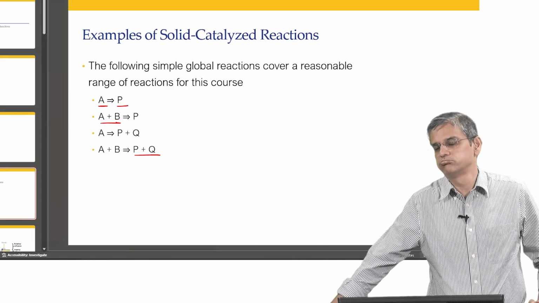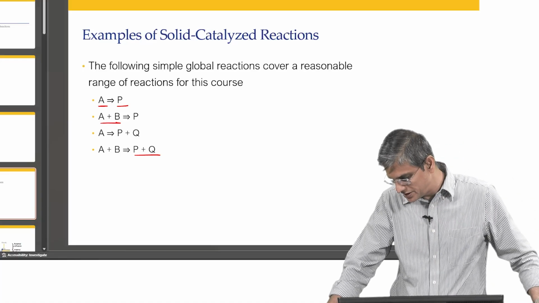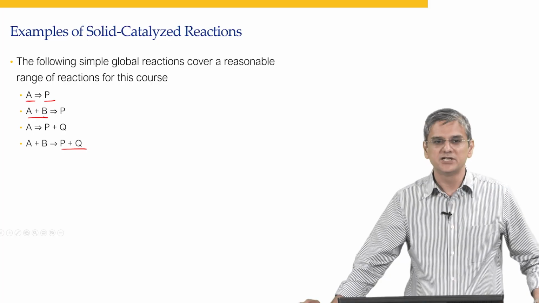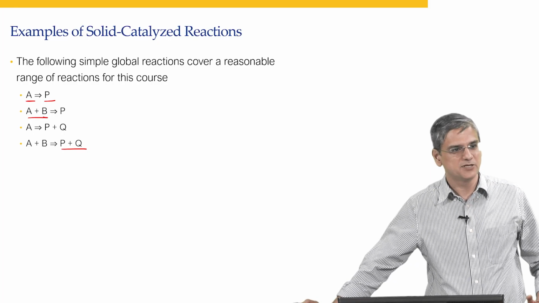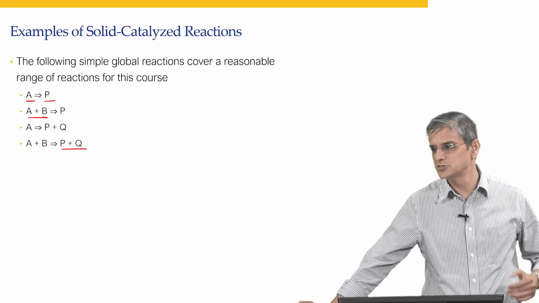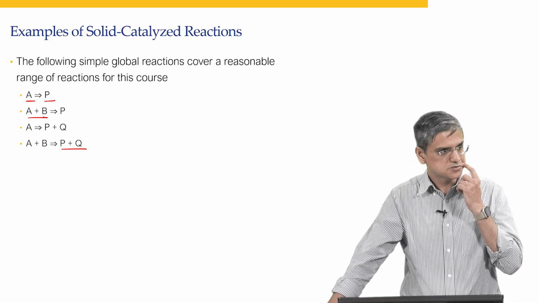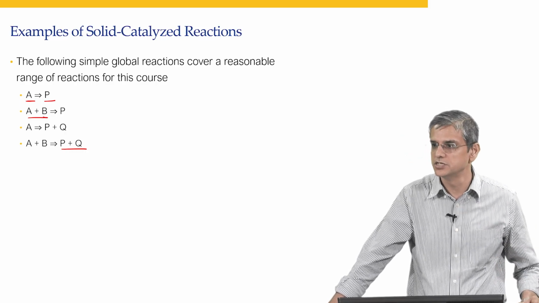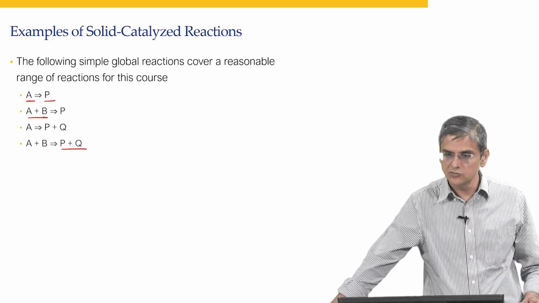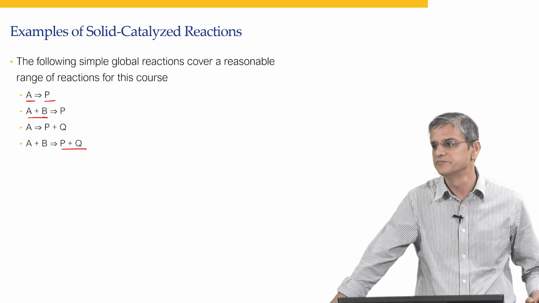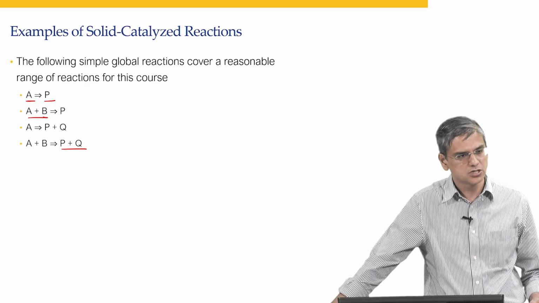Over so many years I have gotten feedback that I agree with. We keep doing every time A plus B, A plus C, A plus B going to P plus Q, A going to P, A going to Q. Can we take examples? So, yes, what we are going to do in this part of the course is take some examples as well as stick to A, B, C. We will try to do both.